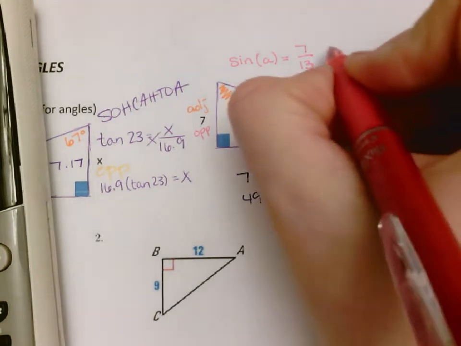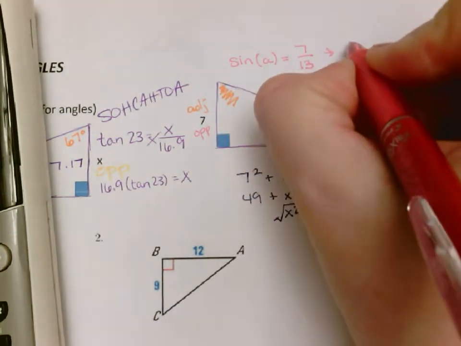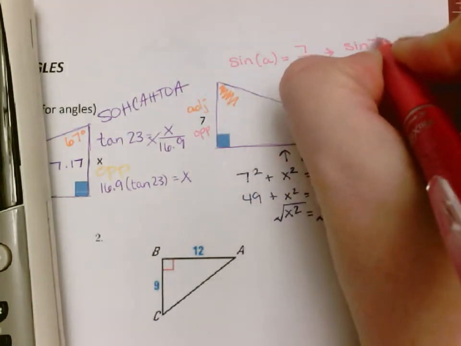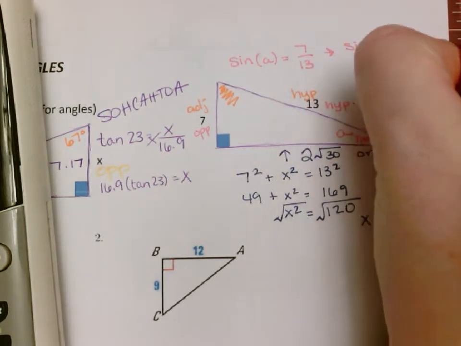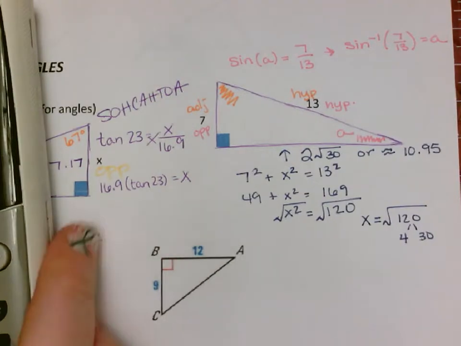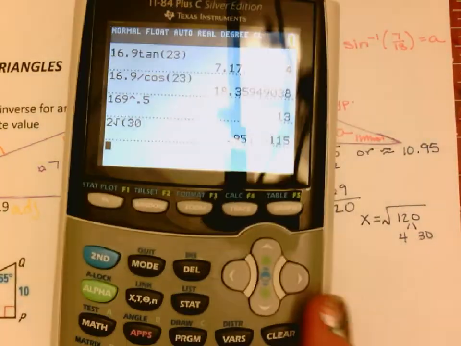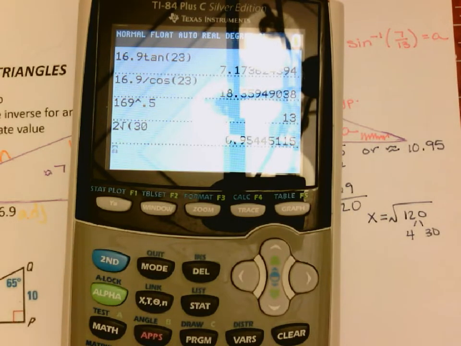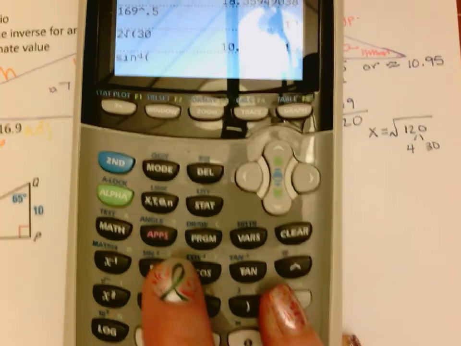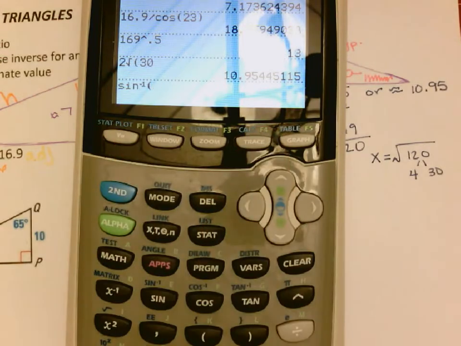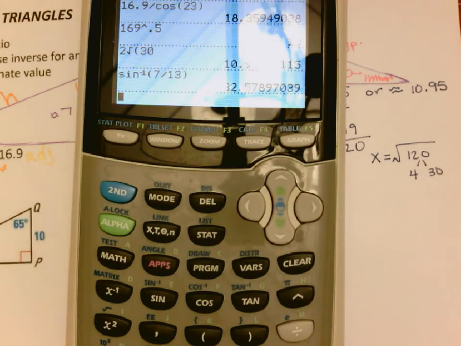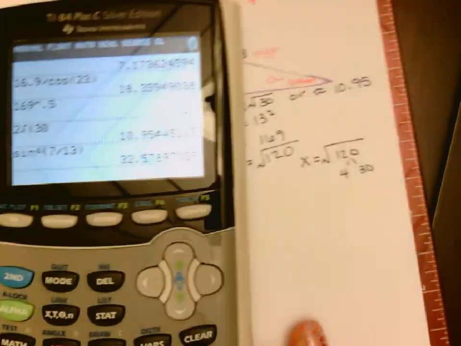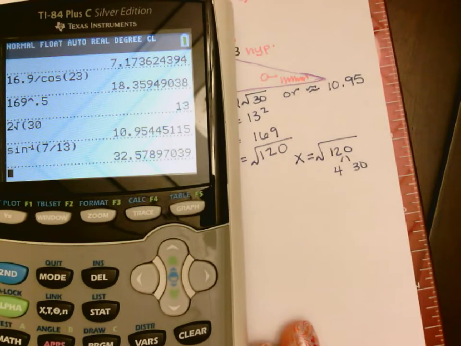So in order to solve this problem, I would go sine inverse of 7 over 13 equals A. On my calculator, I would go second sine, to get sine inverse, and then 7 divided by 13, parenthesis, enter. That approximation comes out to be roughly 32.58 degrees.